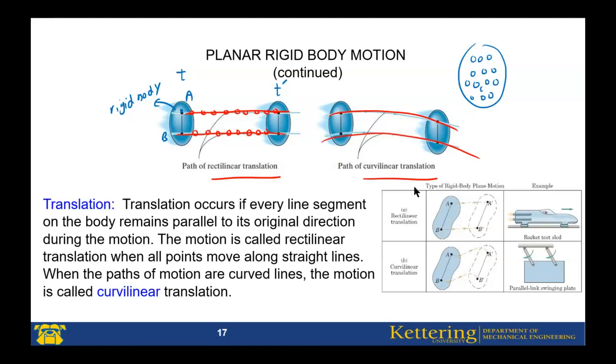This is an explanation of what I just explained. Translation occurs if line segments remain parallel. Also, this motion is called rectilinear. As you know, all points move along a straight line. It's called curvilinear if all particles move along a curved line. In one sentence, here, these are moving along a straight path.